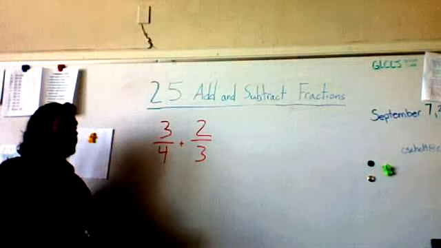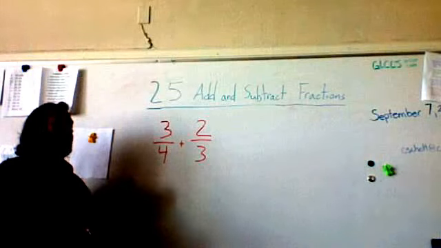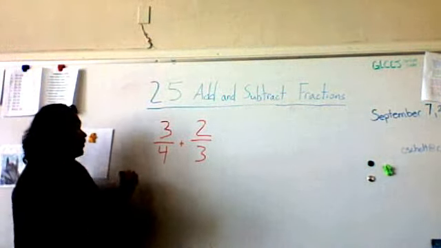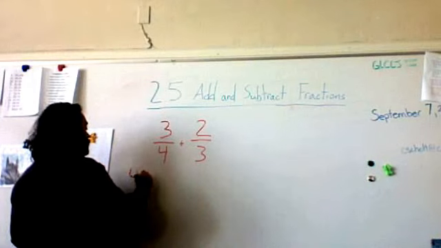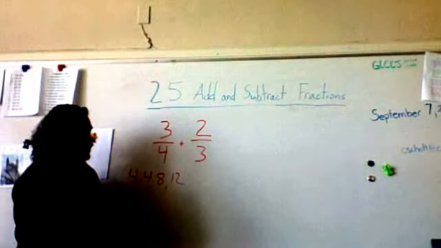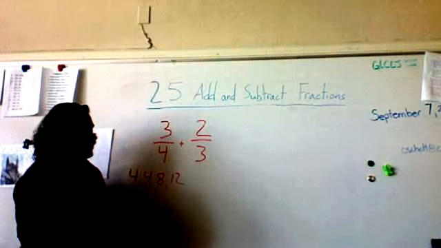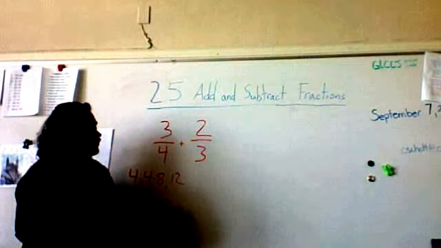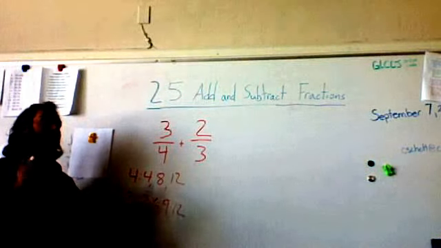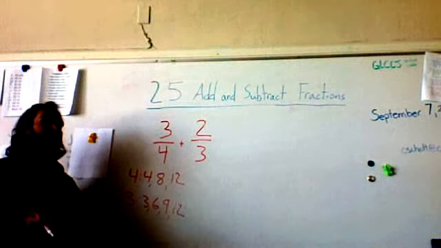Now, if you think back a few lessons to when we did least common denominator, this is going to be really easy. So let's write out our multiples of 4. And our multiples of 3. You'll notice that I stopped when I got to 12 here. This is the advantage of having a good sense of your multiplication facts.